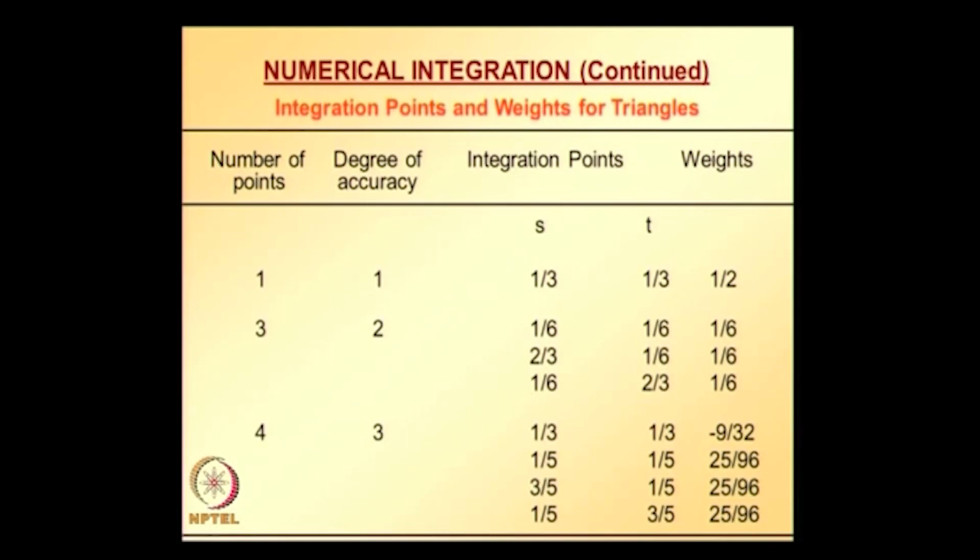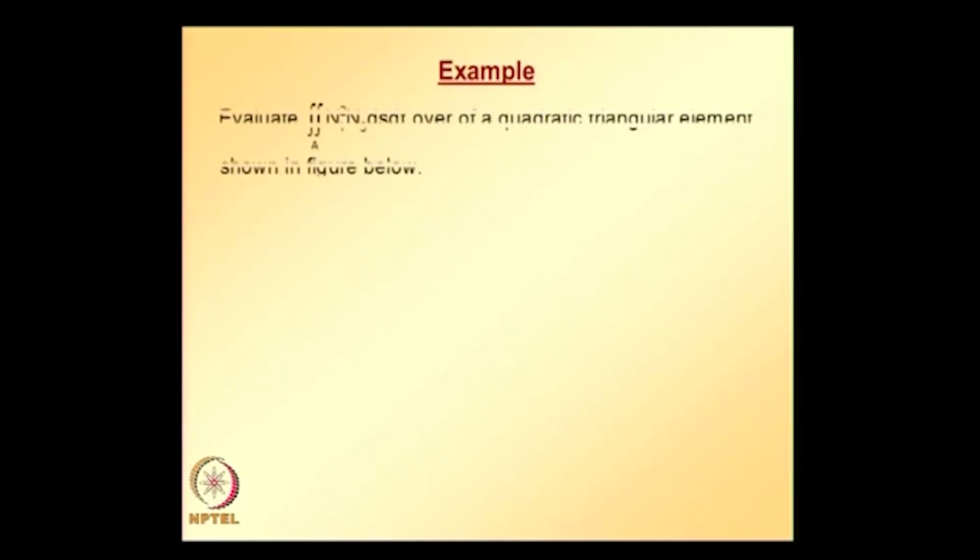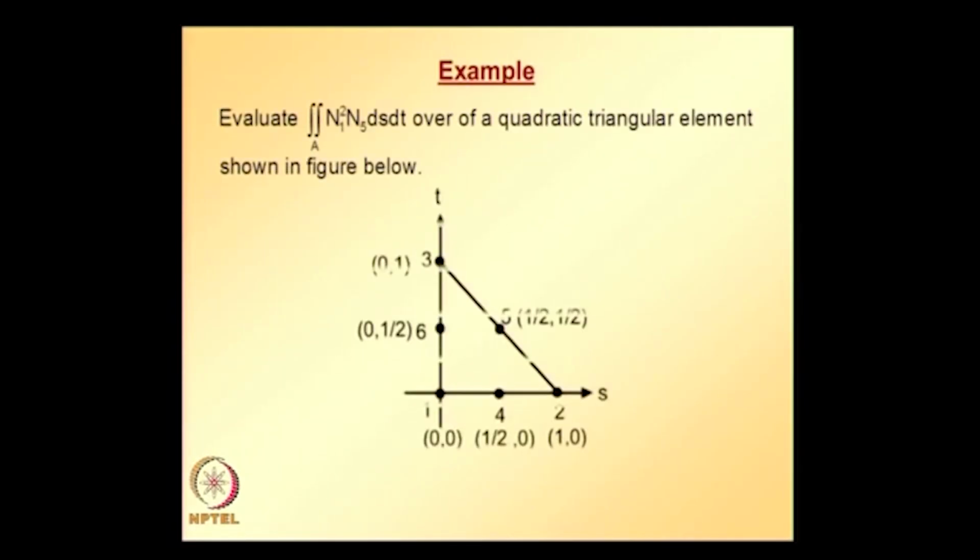So this helps us to evaluate this kind of integral over a right angle triangle that is shown there, where the coordinates of all the key points are shown in the figure.